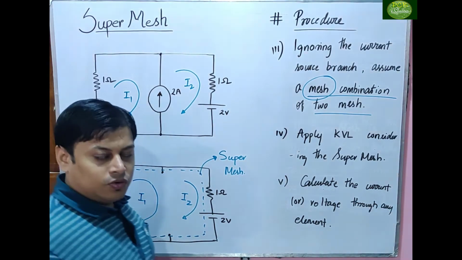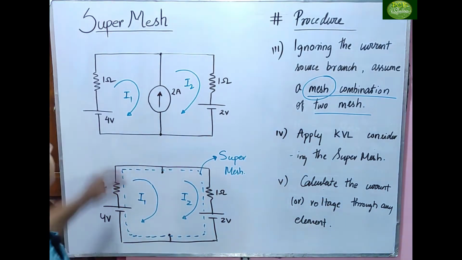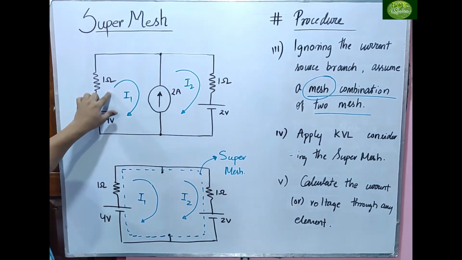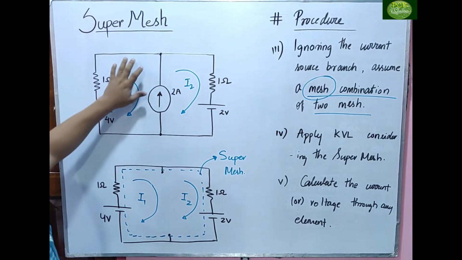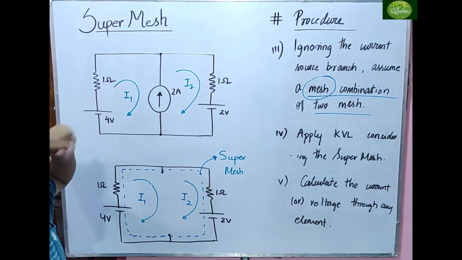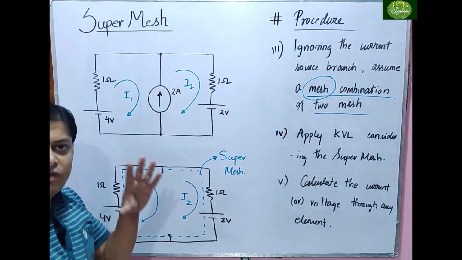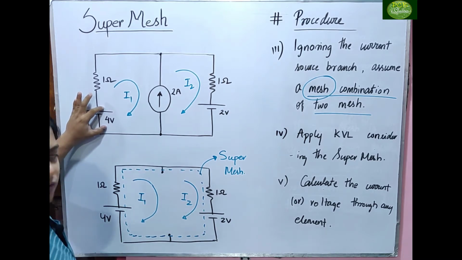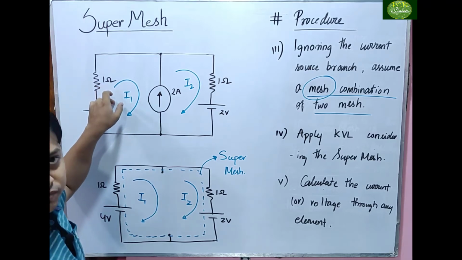First of all, we should know why we are applying the super mesh. Why? See here, in this circuit, if I want to write down the mesh 1 equation, can I apply the mesh analysis here? No. Here the KVL violates. Why does the KVL violate? Because in order to apply the KVL, I need the voltage or voltage drops. Yes or no? But what is the voltage drop across 4 volt? 4. What is the voltage drop across 1 ohm? I1 into 1 ohm. Okay.